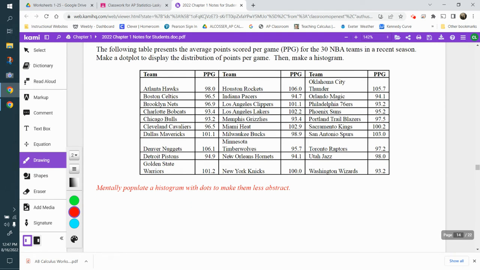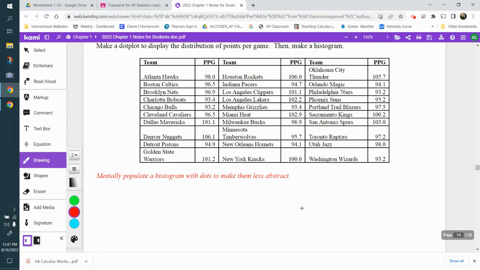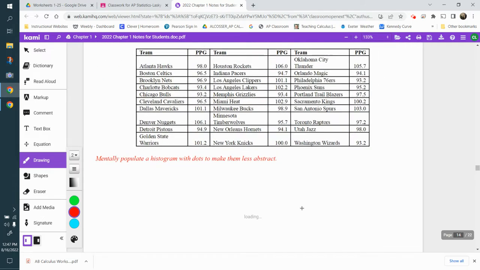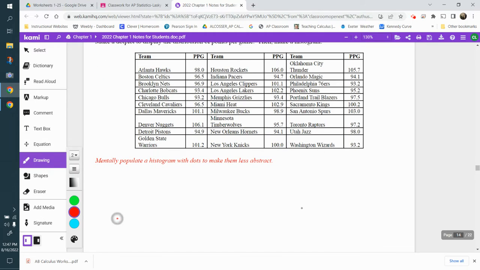Okay. So here's the deal. I'm going to quickly make a dot plot of this stuff. Let me shrink it just a little bit here. There we go. Okay, so it asks you to make a dot plot. Well, when we have this many numbers, it sucks to do a dot plot. So I'll do 100 here. I'll do 95 here.